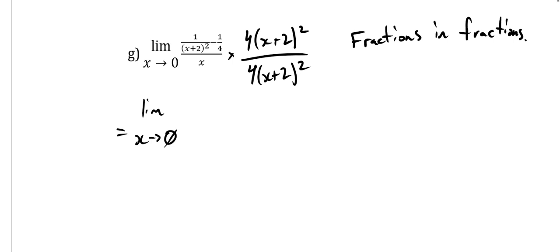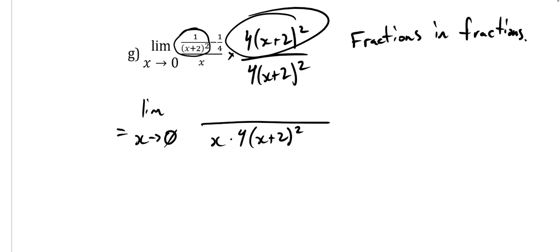So on the bottom, I get x times 4x plus 2 all squared. And what happens on the top? I get this times that, right? So it cancels the denominator.